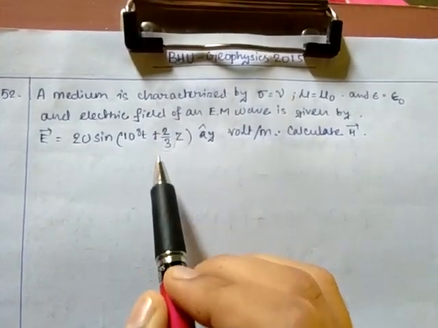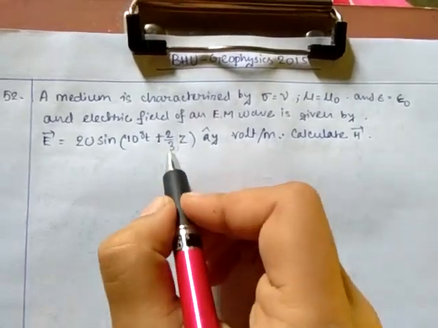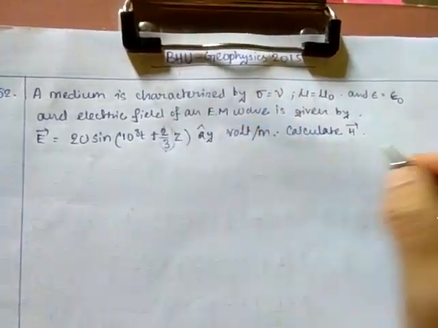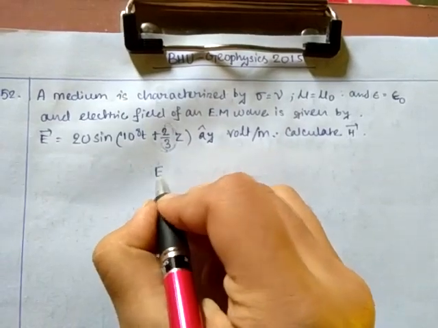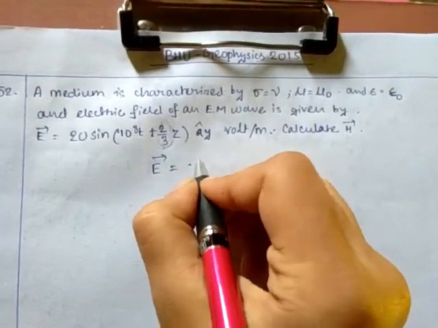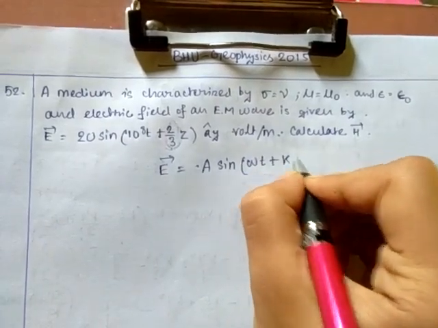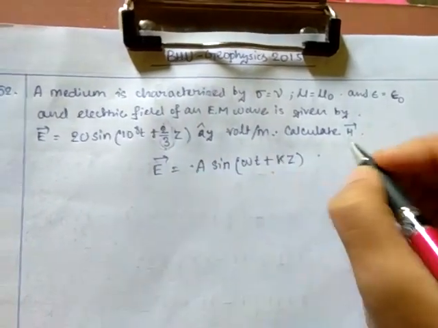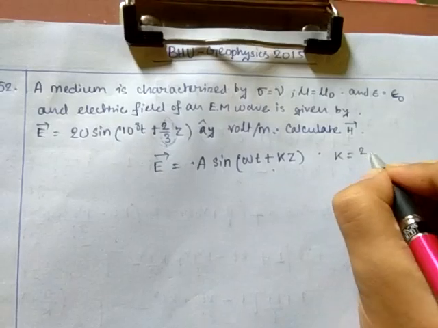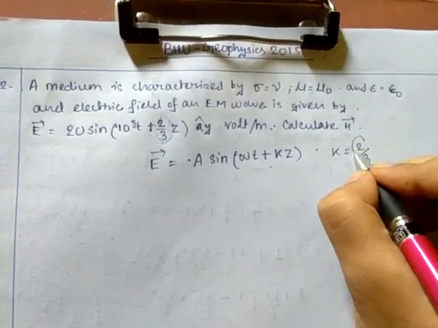If you have solved this question considering k as 2 by 3, here I am using this term k, as we can generalize this equation as a sine (omega t plus kz). So here k equals 2 by 3, but it is wrong.